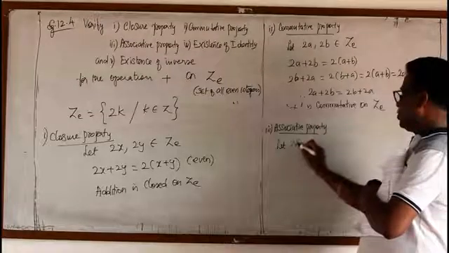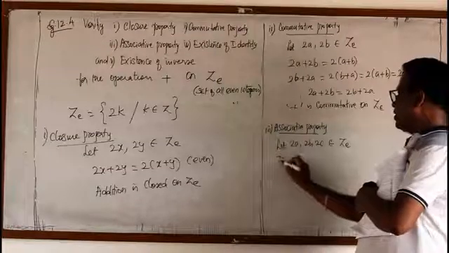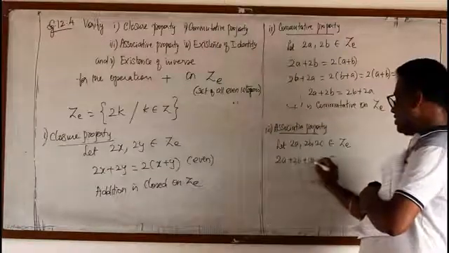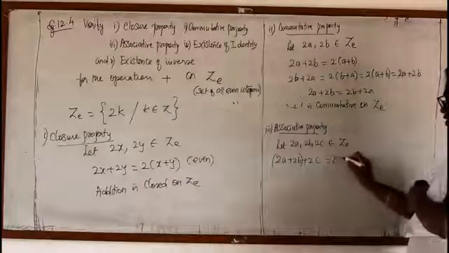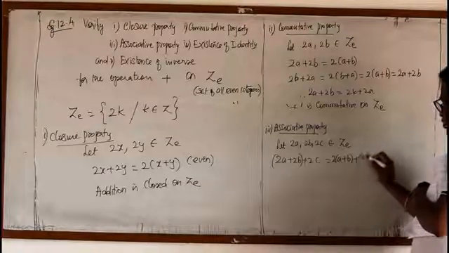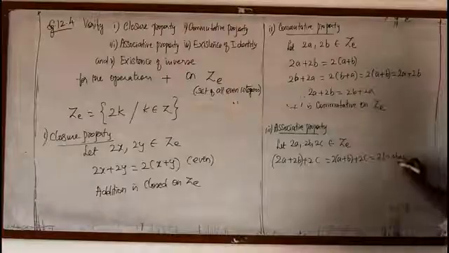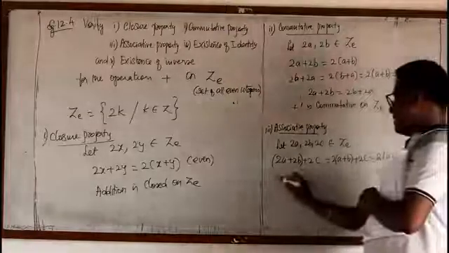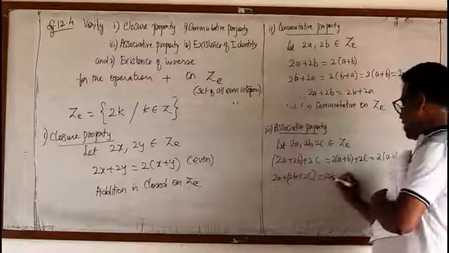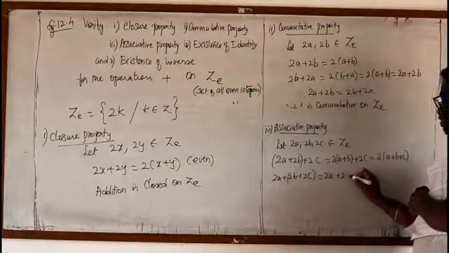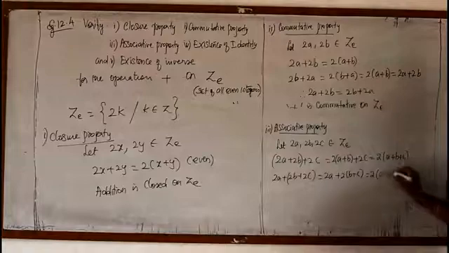Let 2a, 2b, 2c belong to ZE. 2a plus 2b plus 2c, if I take as per the bracket, is 2 into a plus b, plus 2c. Here 2 is common, so I can write it as a plus b plus c into 2. Now if I change the order, 2a plus 2 into b plus c, I can take 2 as a common term, then I will get a plus b plus c.